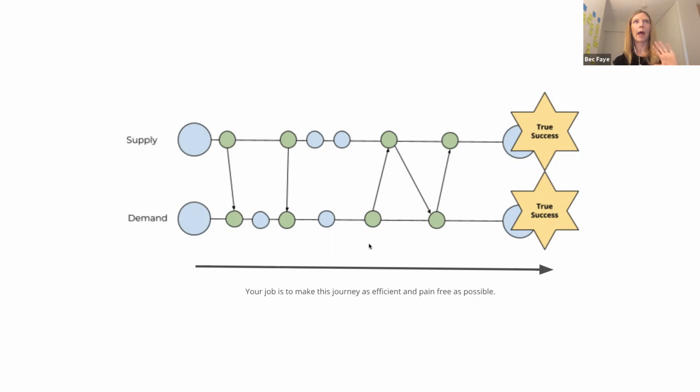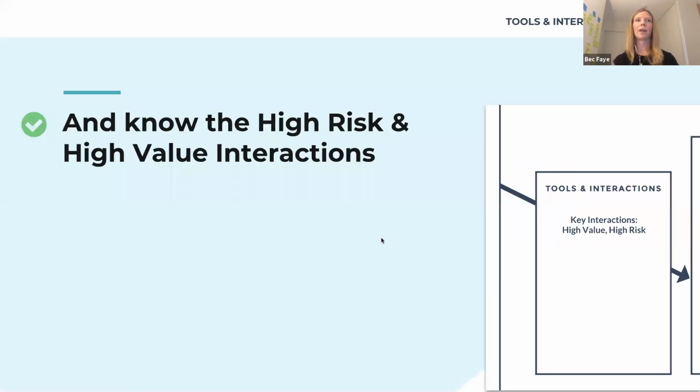So at any stage in your marketplace journey, whether you're just starting out or growing an established marketplace, it's all about focusing on how you reduce friction along this journey, and how you reduce the interaction failure points, particularly the ones that are high risk and the ones that are high value.